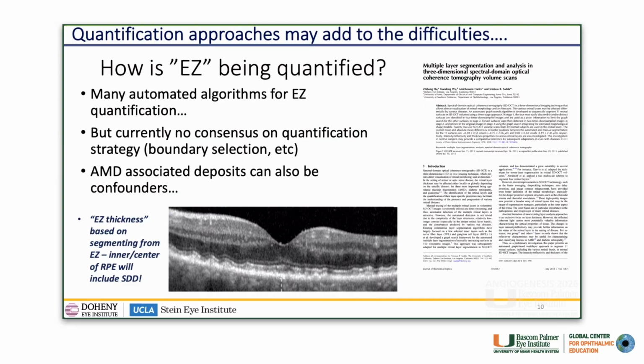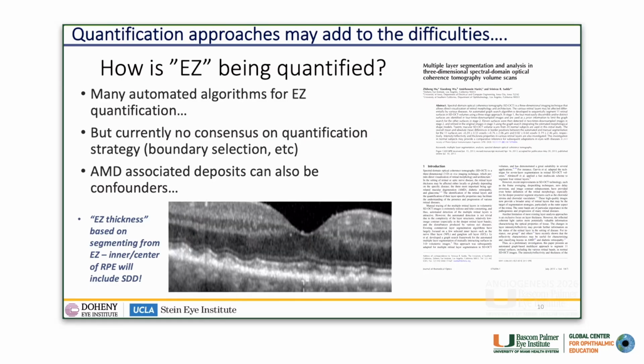Now, unfortunately, there's a lot of variability in how this is done by these various automated algorithms and even with semi-automated approaches because we don't have a consensus as to where exactly the boundary should be positioned. There are other problems as well because you can have AMD-associated deposits such as subretinal drusenoid deposits, also known as reticular pseudodrusen, which can impact these measurements. Let me show an example.